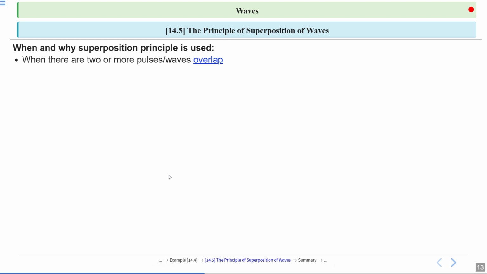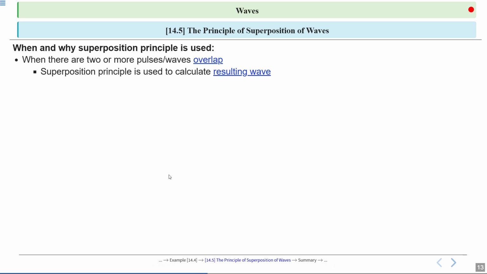So, we use the superposition principle specifically when two or more pulses or waves overlap. This means that at certain points in space and time, the effects of multiple waves add together. It's important to recognize that this principle only applies when the waves are in the same medium and at the same location.